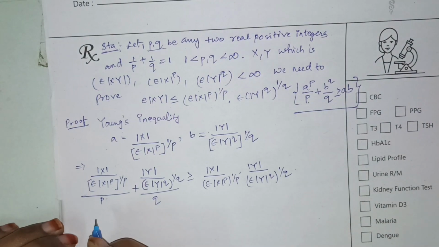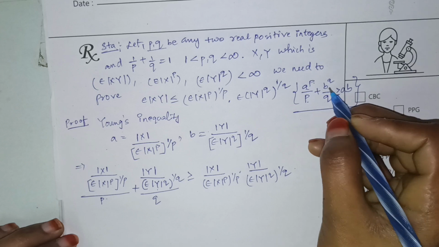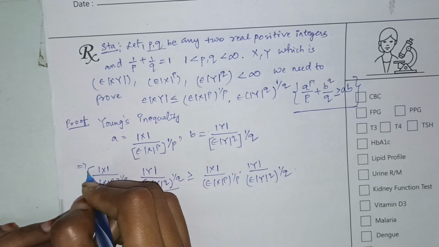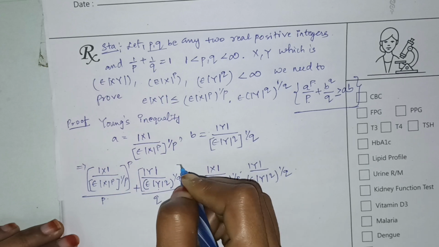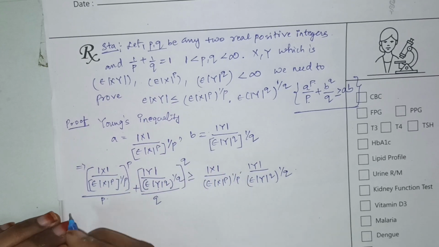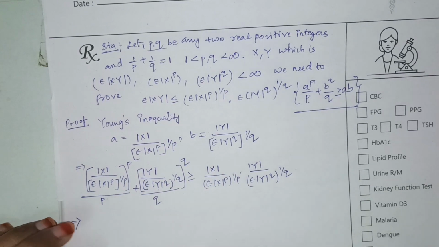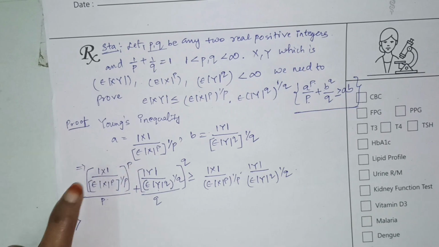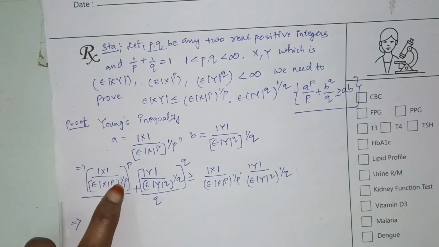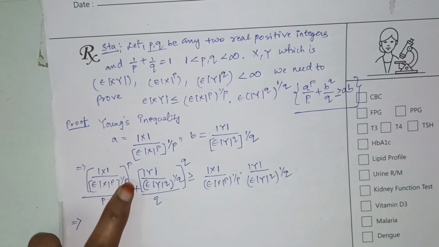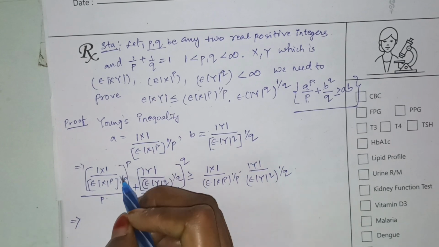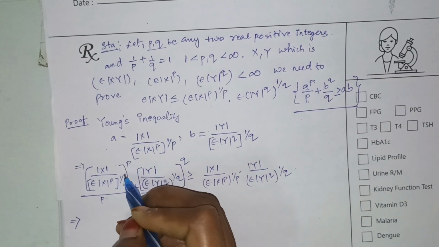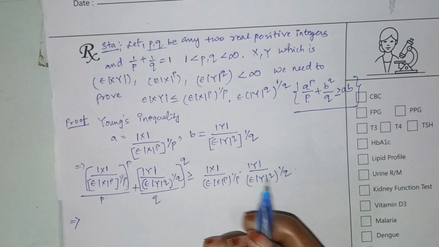So now we have a to the power of p and b to the power of q. So this whole will get p and this whole will get q. Now mod x to the power of p. Here for this whole expectation we have 1 by p. If you multiply this by p, then the p in the numerator and the p in the denominator will be cancelled.